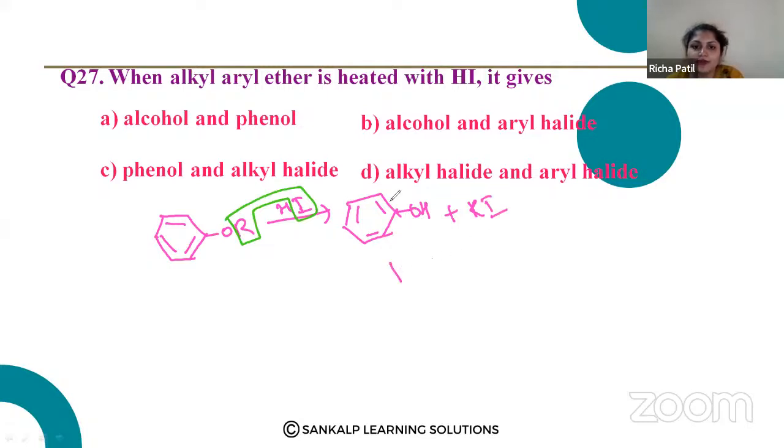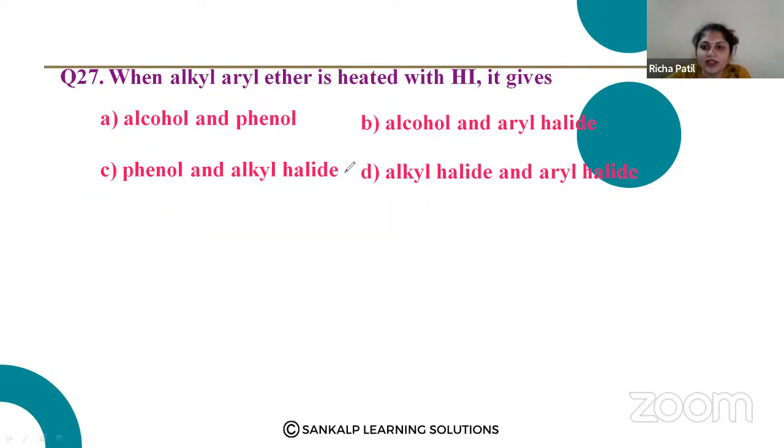So it is phenol and alkyl halide. Understood? C is the correct answer. It is undergoing a substitution reaction. Oxygen is getting attached to hydrogen from the hydrogen iodide, and the side product obtained is alkyl halide. So C is the correct answer.